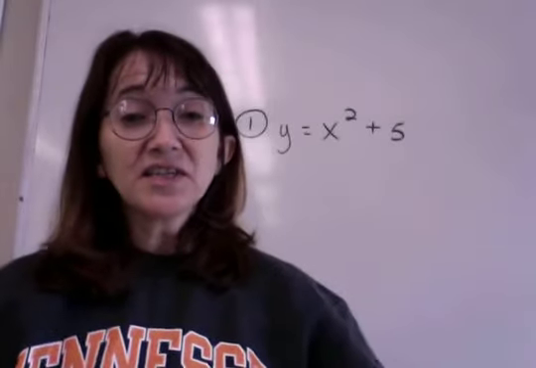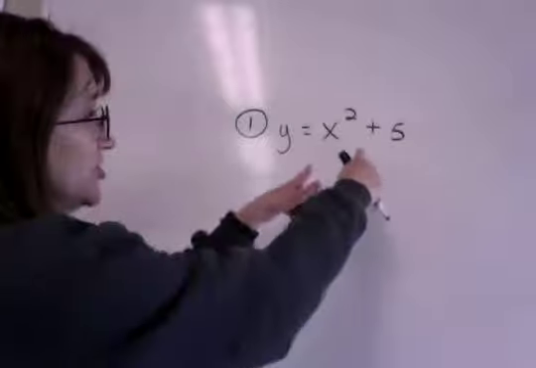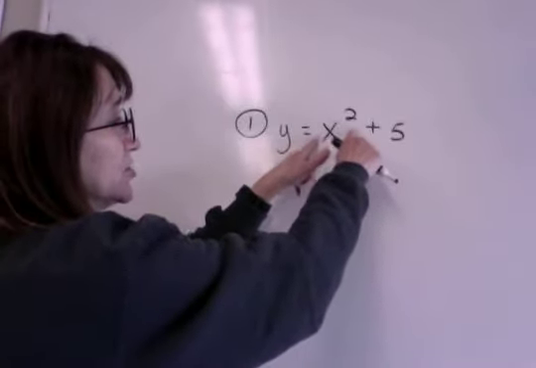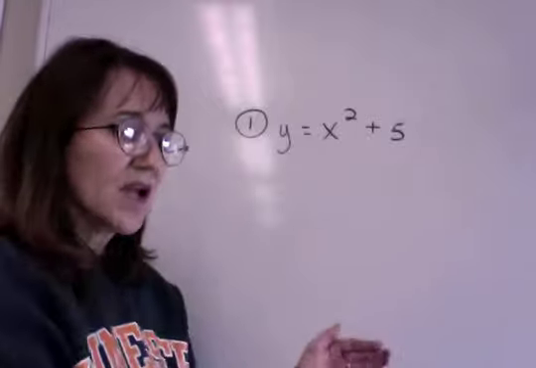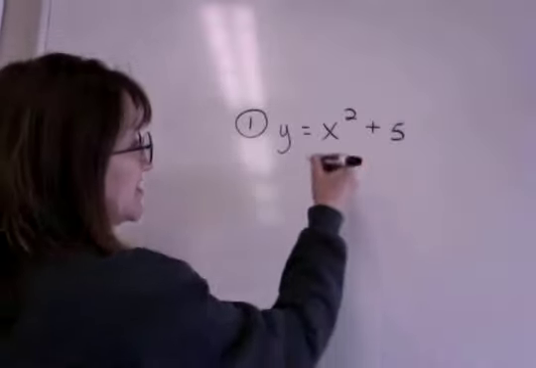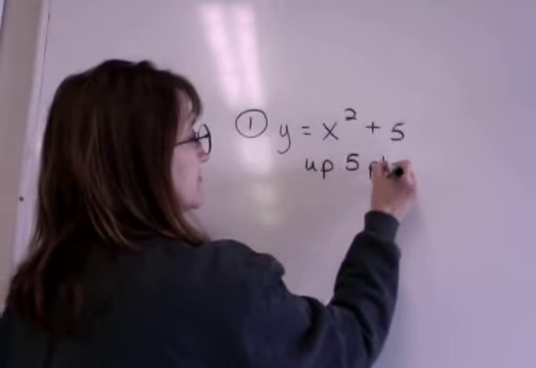So all it's asking me is what's the translation for it. Look, nothing's happening to the x in here, so nothing's shifting right to left. What is happening for a translation is it's going up 5 places.